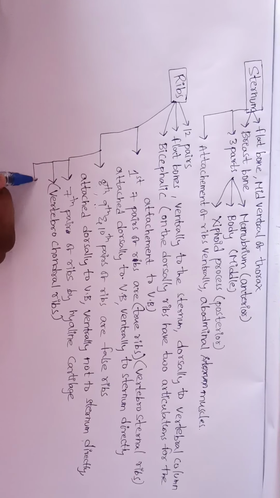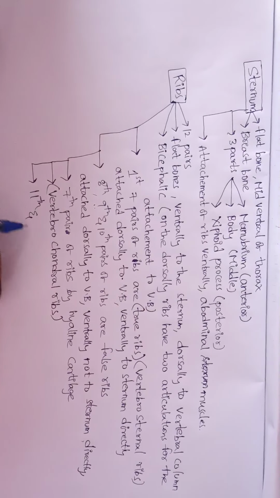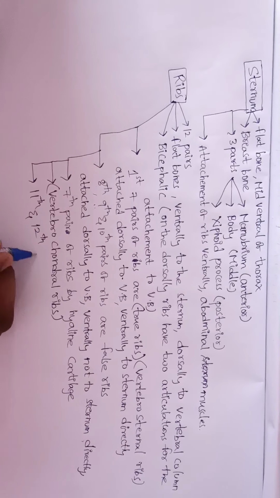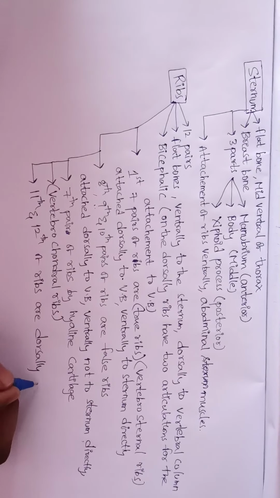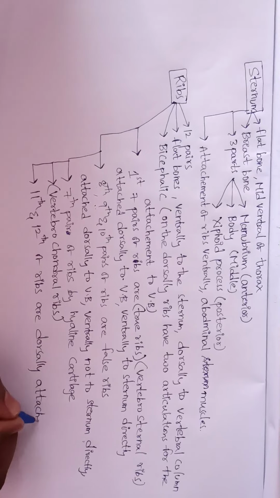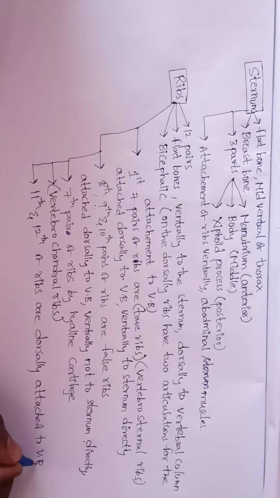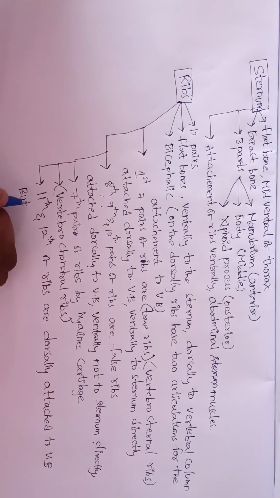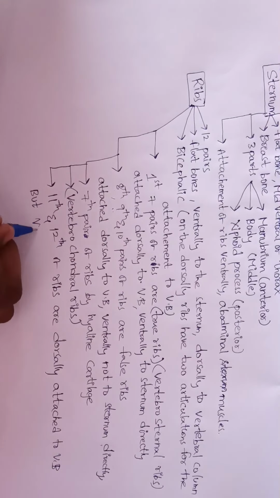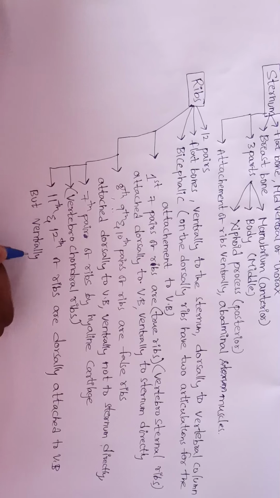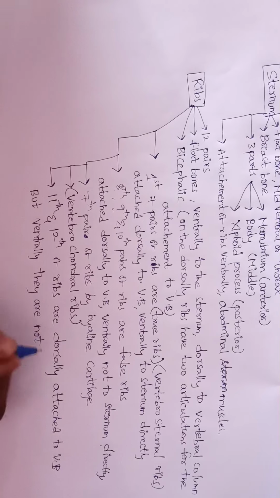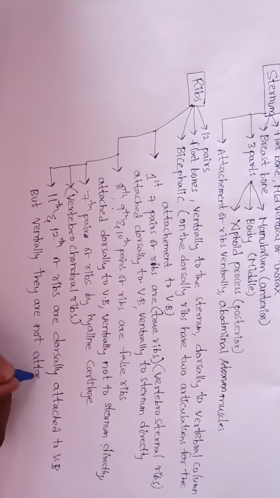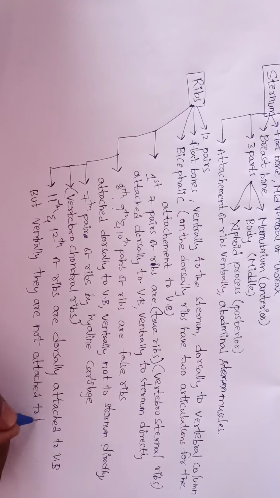The last 11th and 12th pairs of ribs are attached dorsally to the vertebral column, but ventrally they are not attached to the sternum.